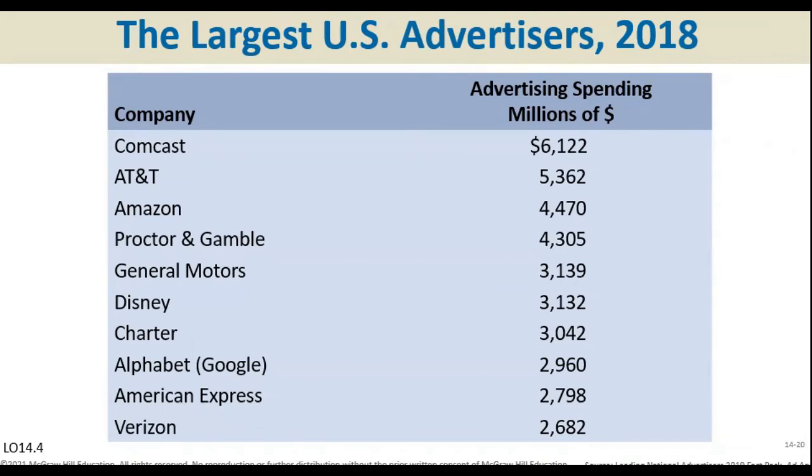This table here shows you how much money oligopolies can put toward advertising, the advertising budget in 2018. You can see that it's big dollars. These are in millions of dollars.